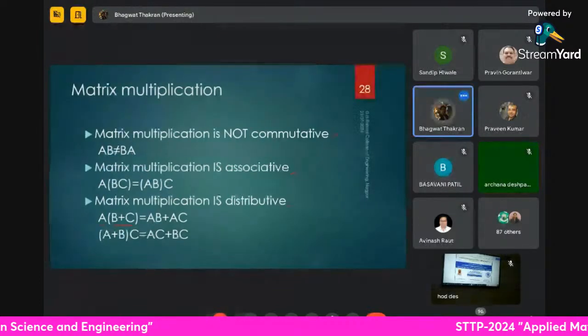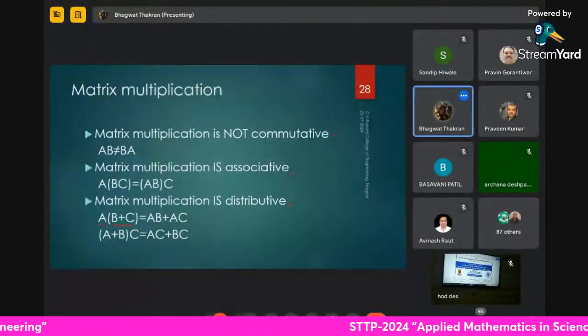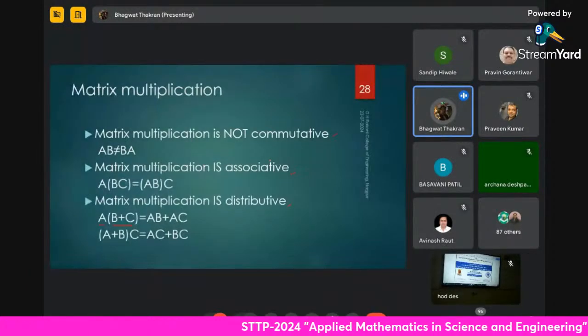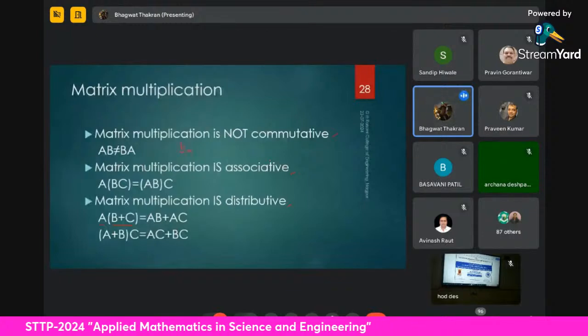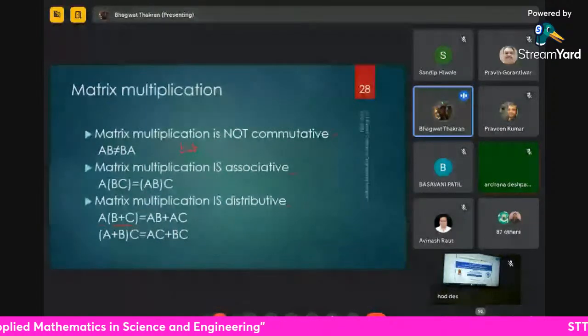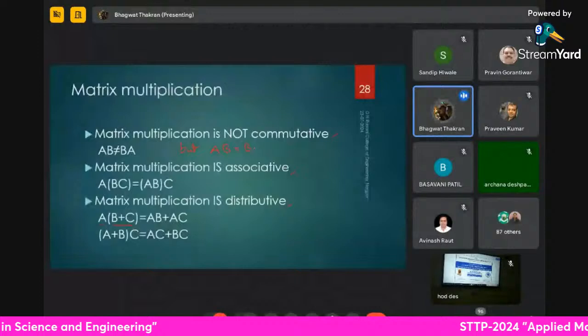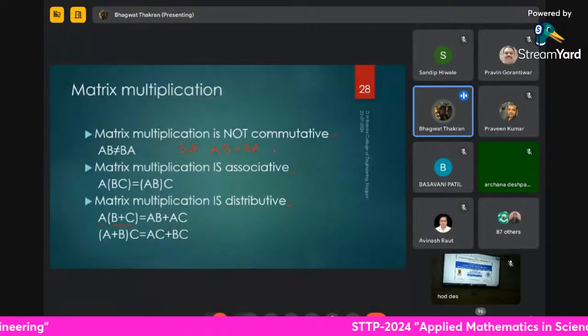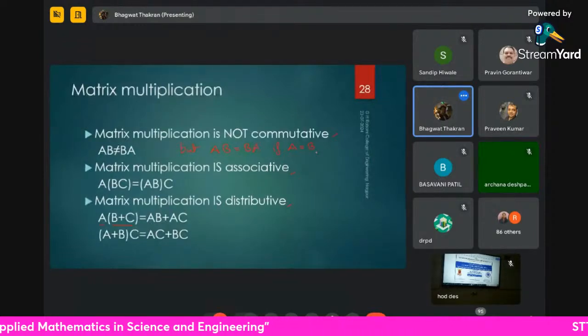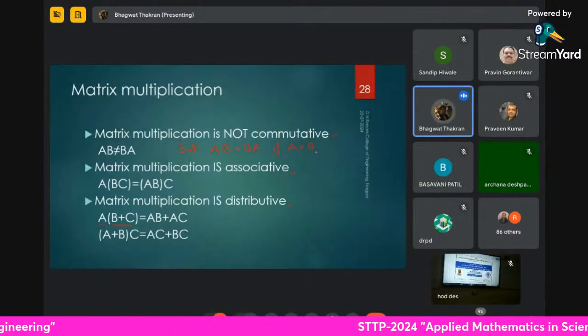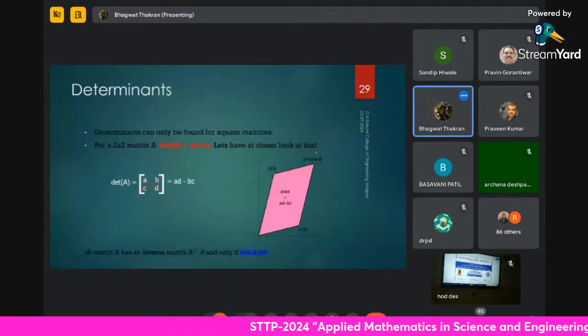However, under one condition, A multiplied with B is the same as B multiplied with A: if A and B are the same matrix. That is the basic condition for the product to be commutative.